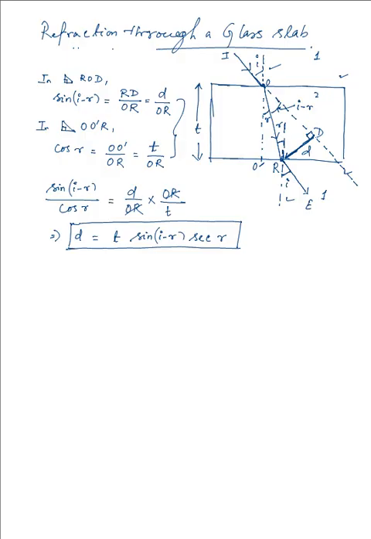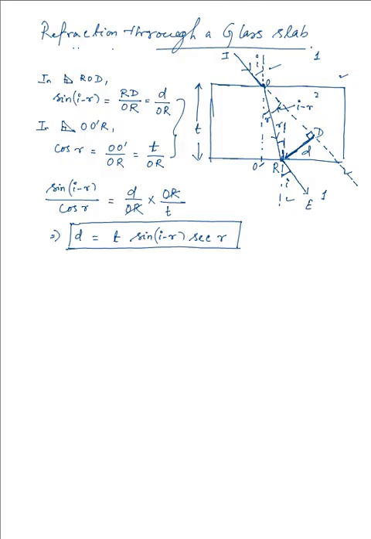Now in this case we can also modify this equation a little bit. As far as the cosine of r is concerned, in order to bring the refractive index into consideration, we'll just use the trigonometric identities. We can do a lot of things.